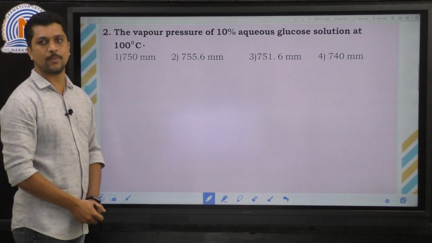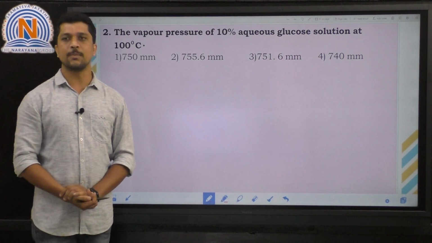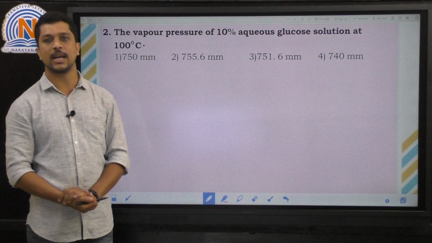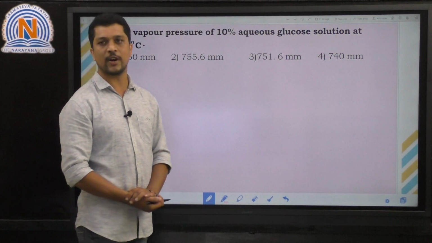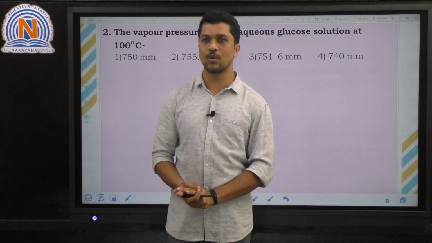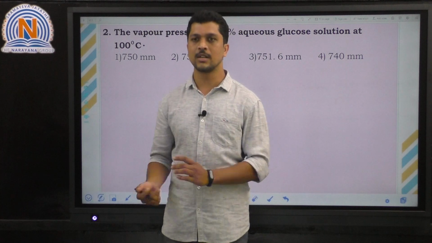Here is the second problem. The vapor pressure of 10% aqueous glucose solution at 100 degrees centigrade. We need to find the vapor pressure of the 10% aqueous glucose solution.